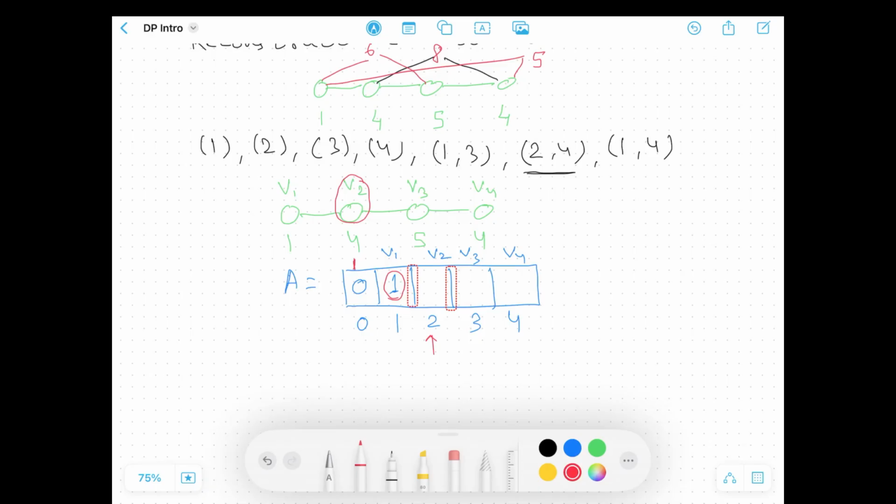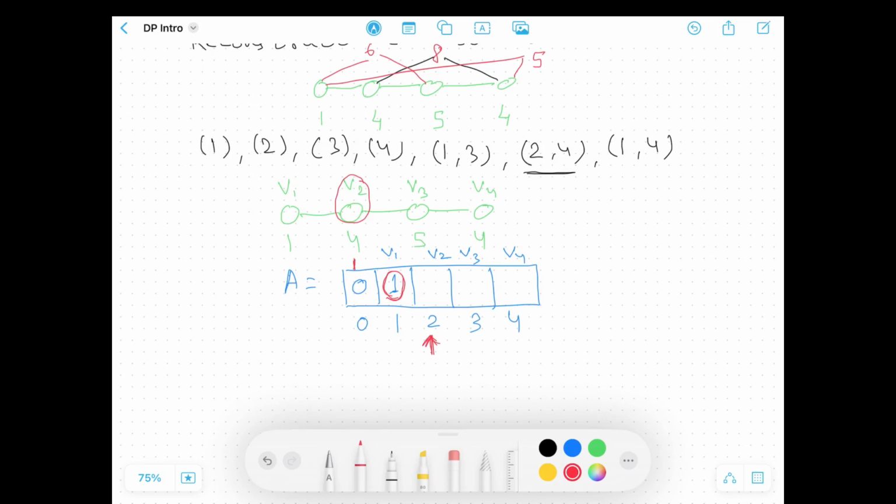Because the maximum value could be at the previous index, which is v1, or, because we have to take vertices which are not adjacent, if we are counting v2, then we cannot sum v1 and v2.